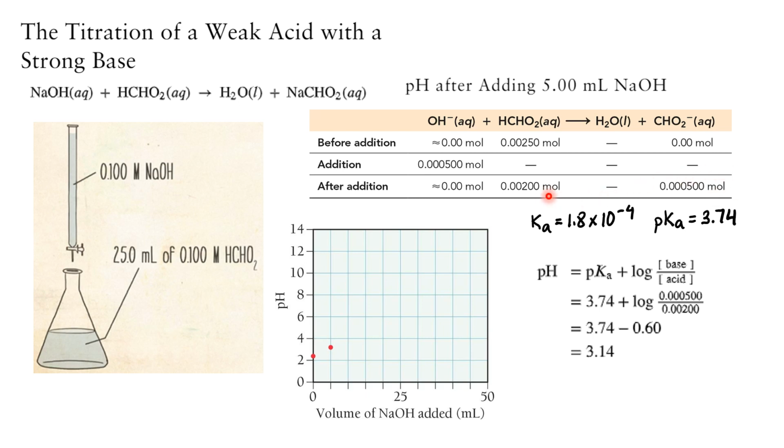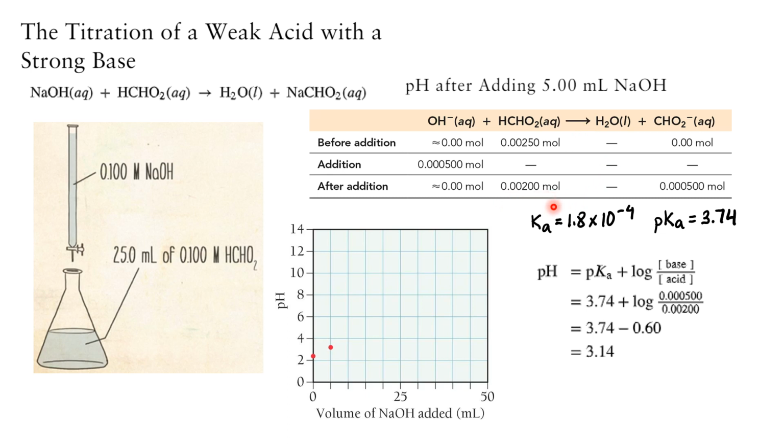Now, this isn't concentration, this is moles. It's not concentration yet, but you have some amount of weak acid and conjugate base. If you want concentration, you can get that: divide moles by liters. In this case, it's just 25 milliliters plus the 5 that you added, which is 30 milliliters, and you convert to liters.